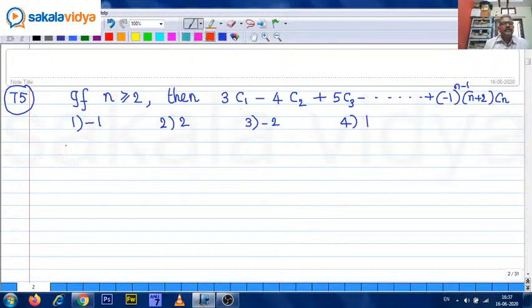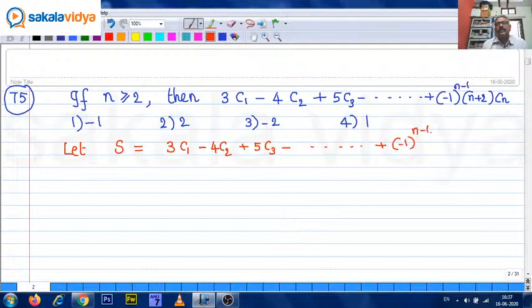So this series, let us say S equals 3 times C1 minus 4 times C2 plus 5 times C3 and so on, plus minus 1 raised to n minus 1 of n plus 2 Cn. This is actually an incomplete series. There should be C naught. So first we need to find out C naught. Put n equal to 0, that means the first term we need to find out.